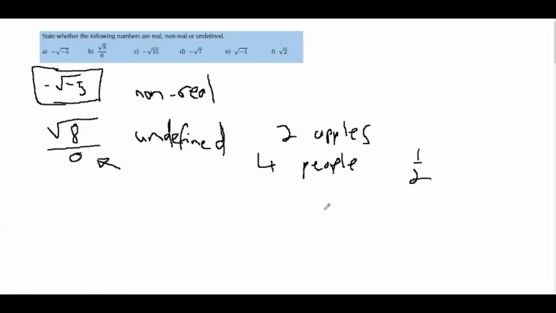How did I get half? I took the number of apples and divided by the amount of people we have. So that is equal to a half. But in this case, if you had square root of 8 number of things divided among 0 people, it doesn't make sense, because you can't share things amongst no people. Okay, got it? Yeah, that's why it is undefined.